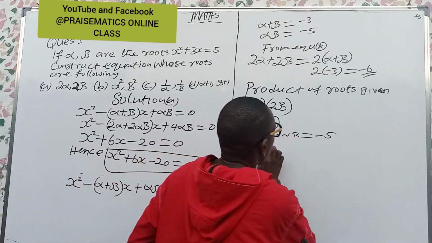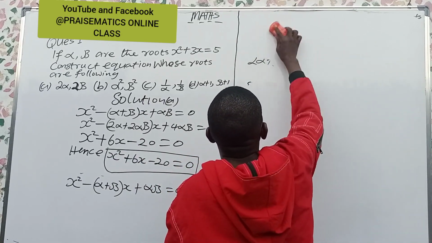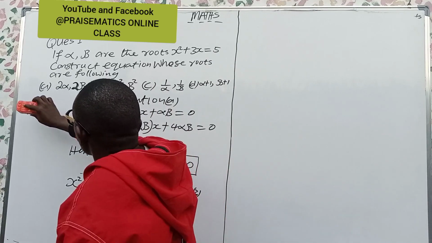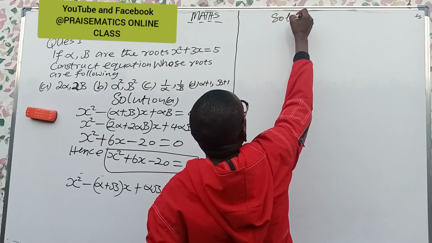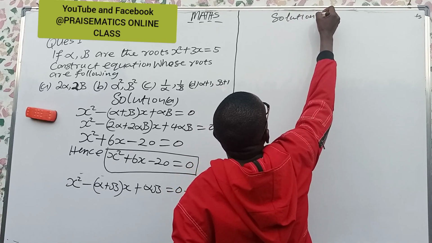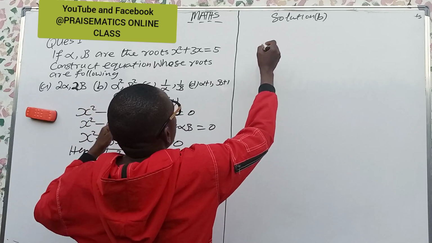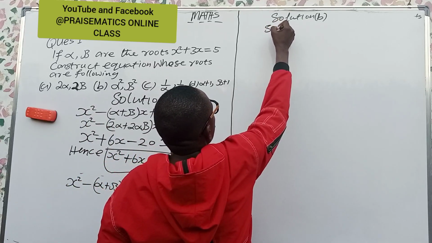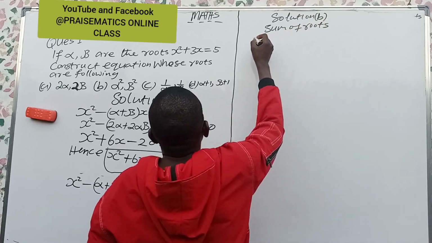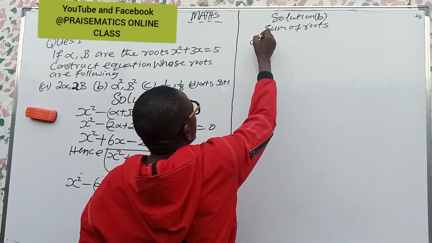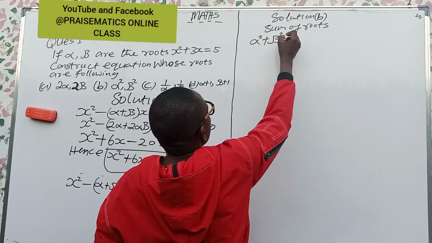Solution B. Let's take solution B and see how it looks. We have the sum of the roots, which is alpha square plus beta square.